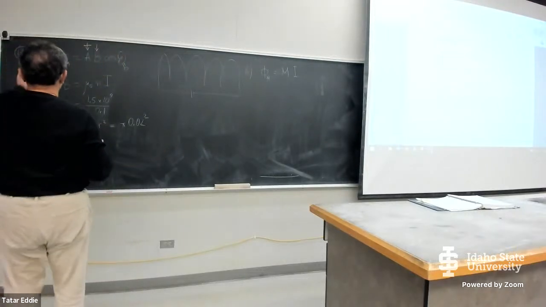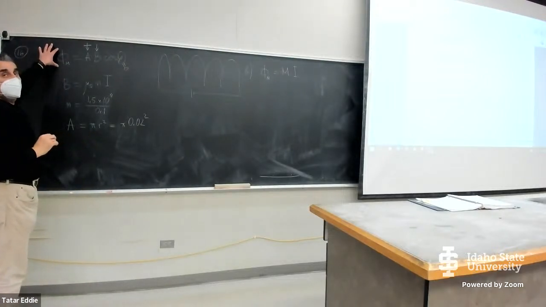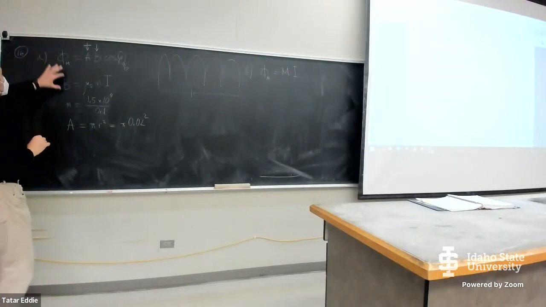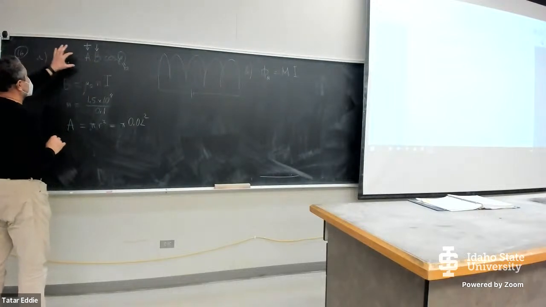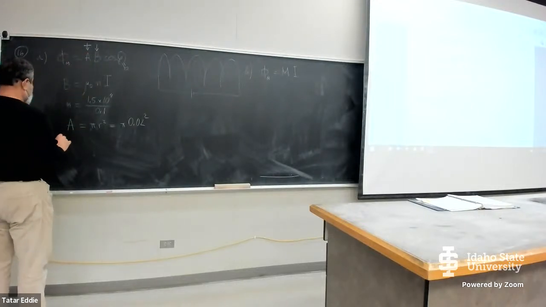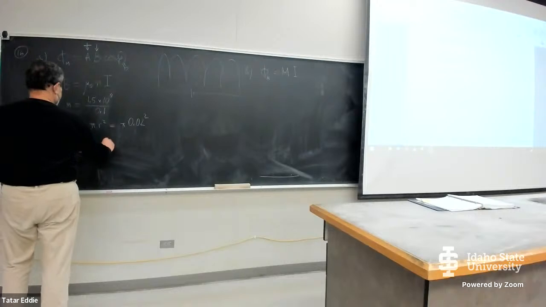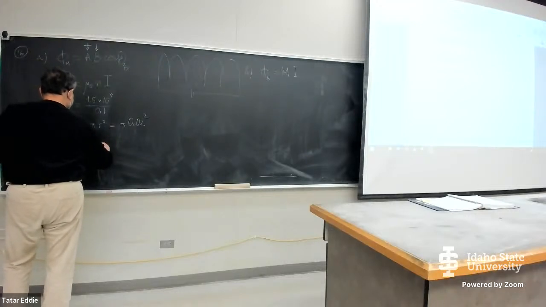Well, what was the answer that we got in part A? If you substitute B with its equal and area with its equal, area is pi r squared.